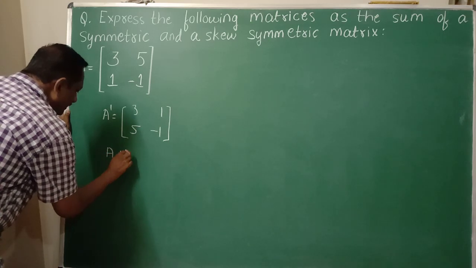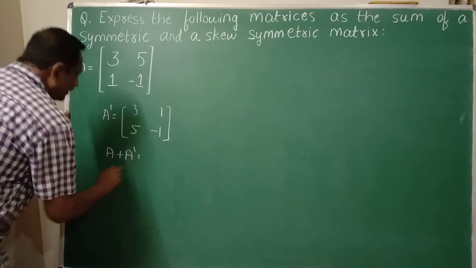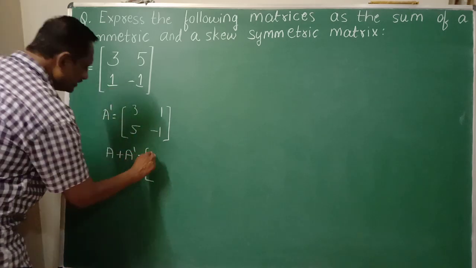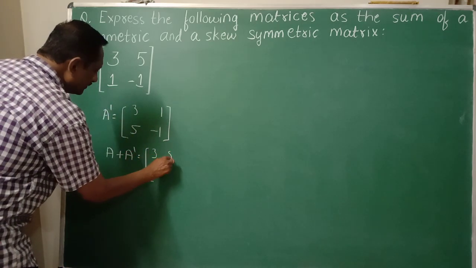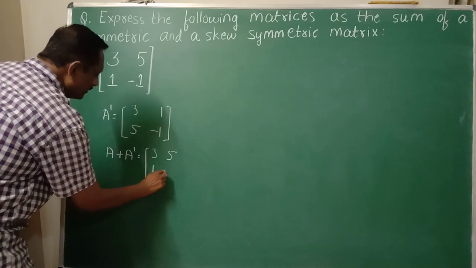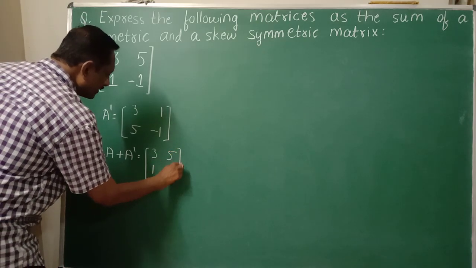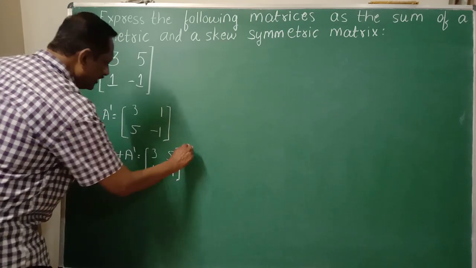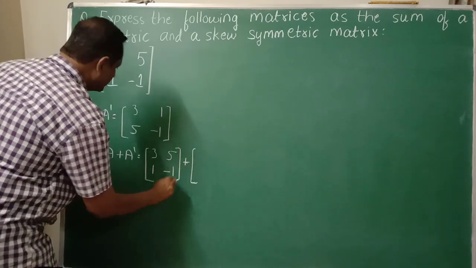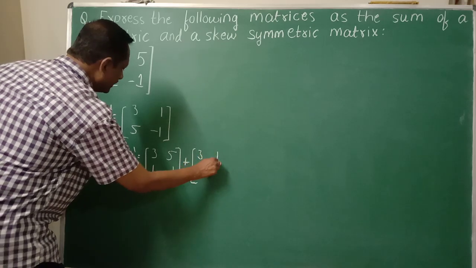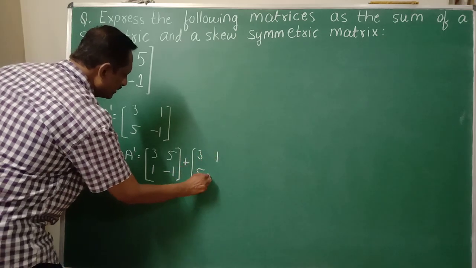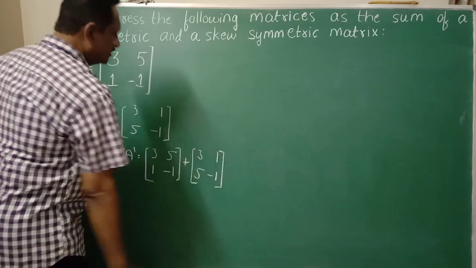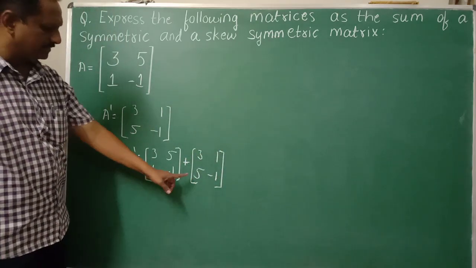So A plus A dash is equal to, A is the matrix 3 5, 1 minus 1, then plus A dash is the matrix 3 1, 5 minus 1. So this is the matrix A and this is the matrix A dash.